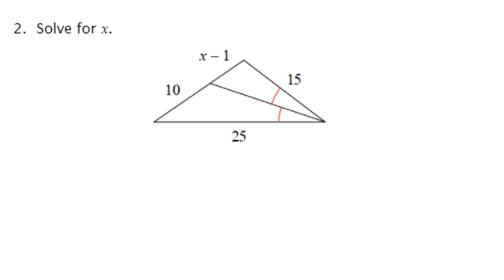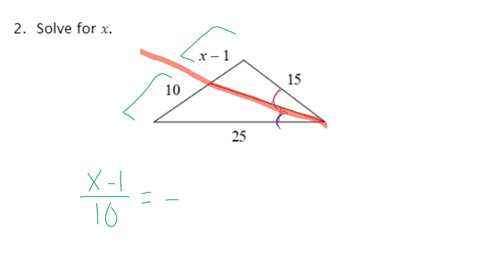In the last example, this again is an angle bisector, because we can see that it's cutting that angle in half. So again, what that's doing is dividing this triangle proportionally. So if I write x minus 1 over 10, that's going to be the same as 15 over 25. Notice parts from the same half of the triangle are lined up either on the top or the bottom. Then I can cross multiply.